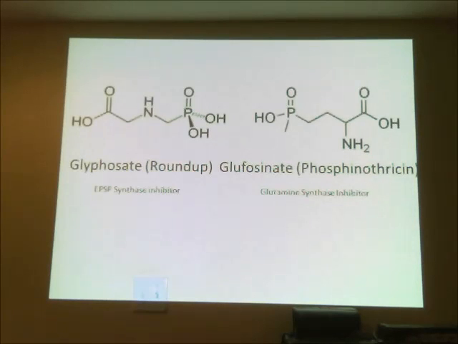So this is the glutamine synthase inhibitor, the one that prevents the conversion of glutamic acid to glutamine. So glutamic acid and ammonia in the presence of that enzyme would give us glutamine, but glutamine cannot be synthesized, and that again causes toxic levels of ammonia to build up inside the plant.